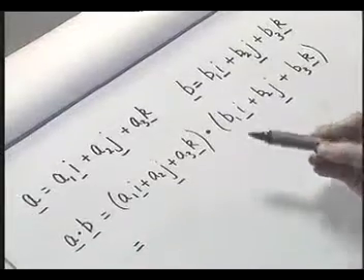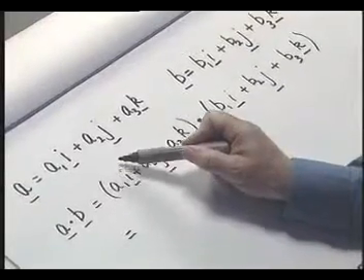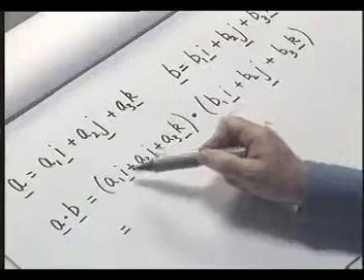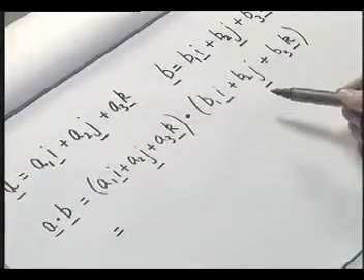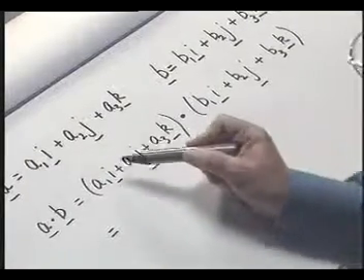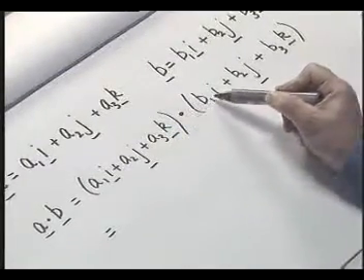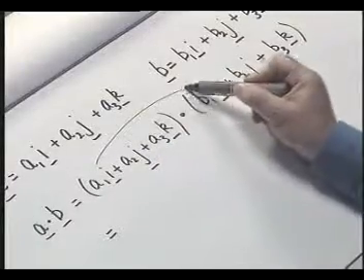And we can do that using the rules that we know, that in turn each one of these vectors in the first bracket multiplies each of these in the second bracket in just the normal algebraic way. So first of all we want a1 i dotted with b1 i, those terms.